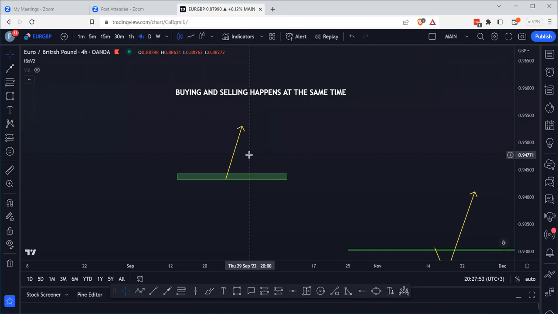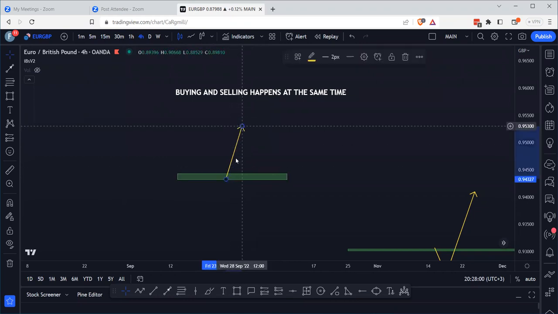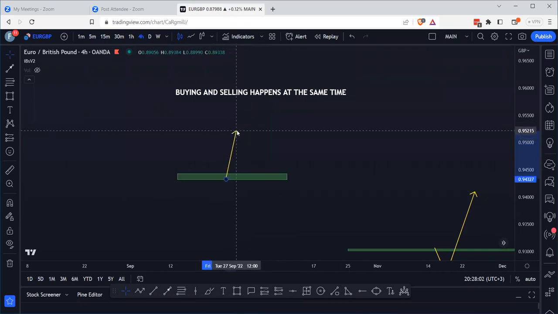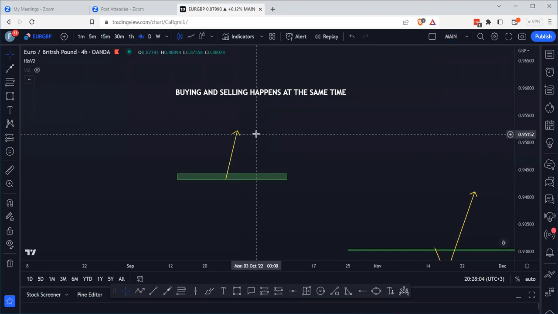So let's say the market makers want to buy this particular currency. That means they want to move price up. Now, you must ask yourself, if they want to buy, who are the people that are going to sell to them? Because you can't just buy a commodity out of thin air. There has to be some category of people that are going to sell to you.